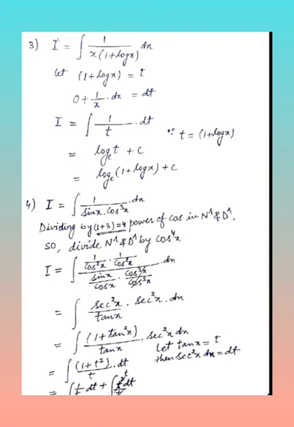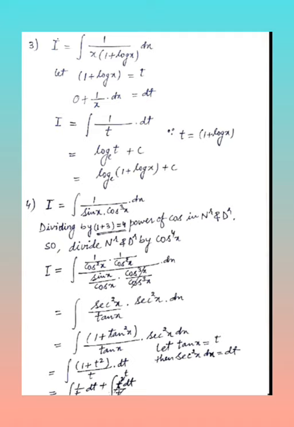Now in this question, we divide the given function by cos raised to power 4 x. It will convert it into terms of tan x and sec square x. So our final question is integration of 1 plus tan square x upon tan x into sec square x dx.